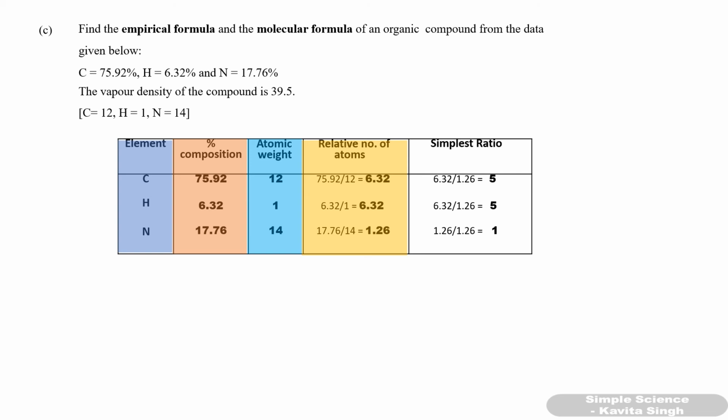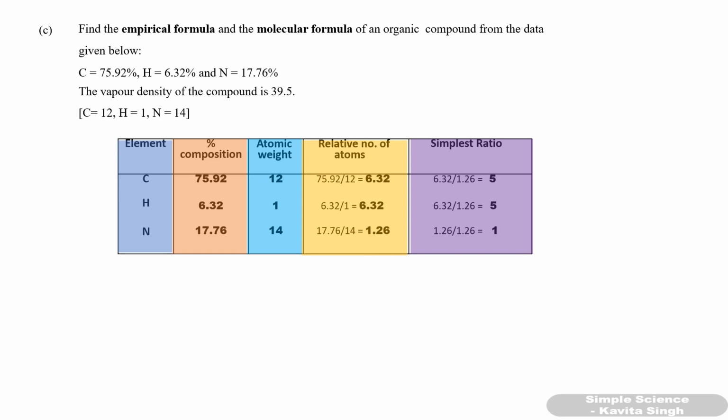You have to divide all these three with the lowest value, that is 1.26. So when you divide 6.32 by 1.26, you will get 5 and 1.26 divided by 1.26, you will get 1. So you got the simplest ratio. Carbon 5, hydrogen 5 and nitrogen 1. So C5H5N1.